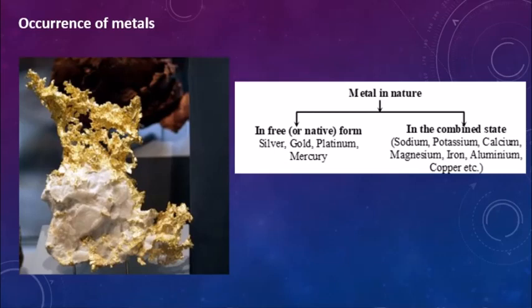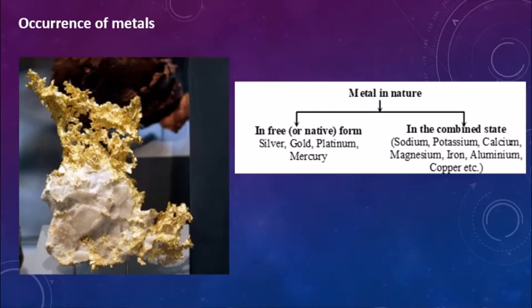These are usually the unreactive metals that are not affected by air, water or other natural factors. But the metals which exist in the combined state can be affected by air, water and other natural factors. So they exist as their salts like oxides, carbonates, sulfides and nitrides.